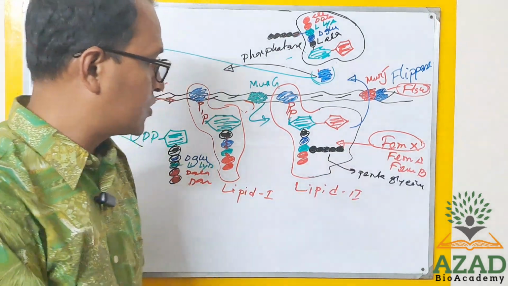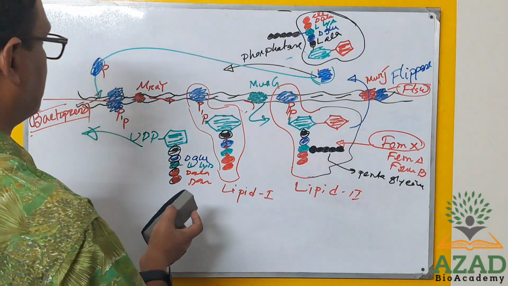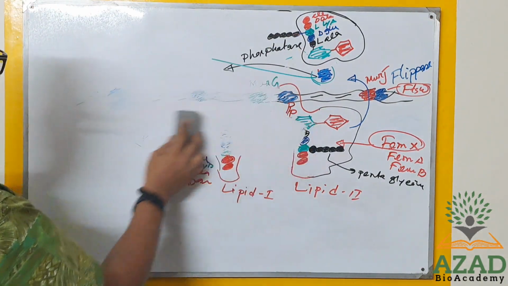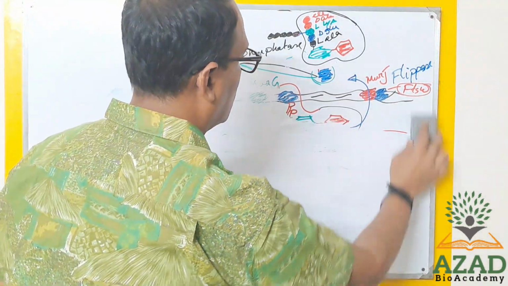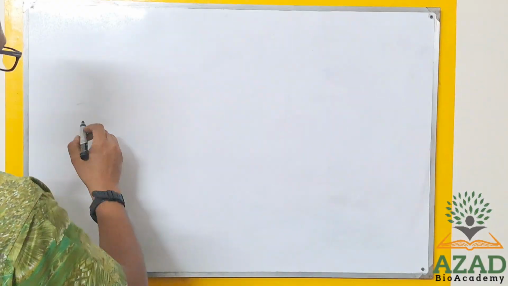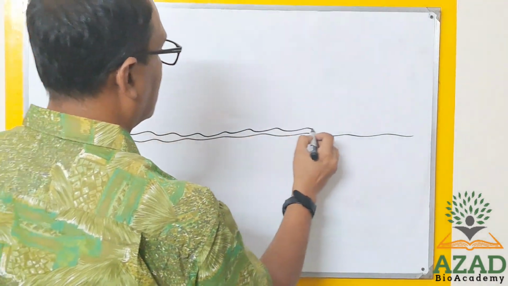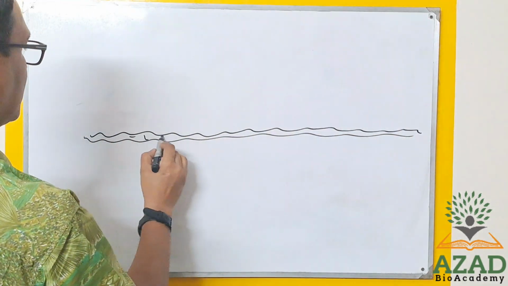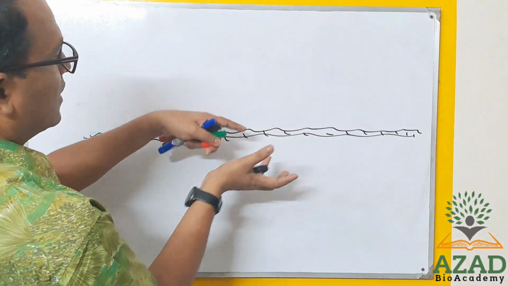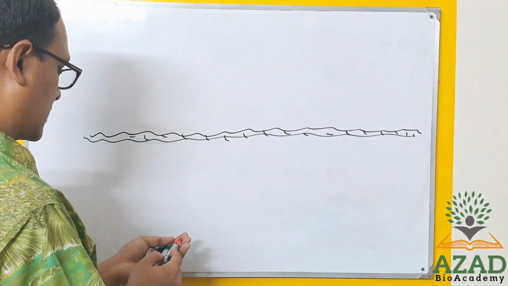Now I will come to the third stage, that means the extracellular stage, or peptidoglycan synthesis stage, or you can say cross-linking stage. You can consider this is the membrane, that is the lipid bilayer, and everything now will be happening outside of the membrane, within the periplasmic space.